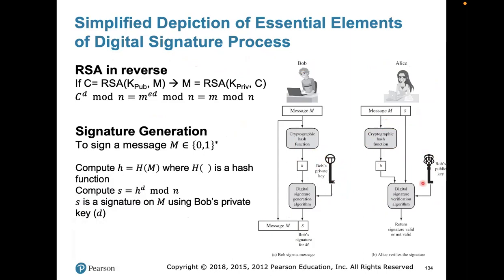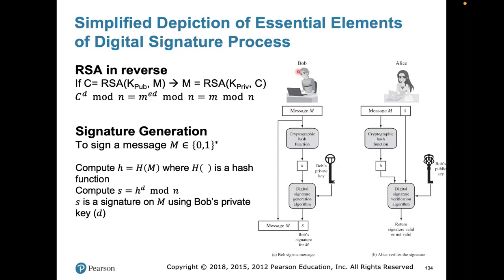And the public key of Bob, everybody knows that, and it is okay if we assume Alice has access to that, and Alice uses it for decrypting the signature part. And based on this theorem, it works.